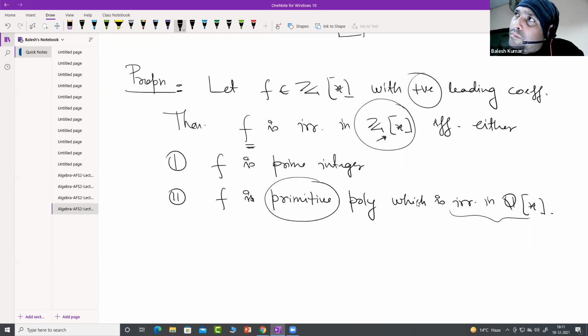Because if there is some non-trivial common factor among the coefficients, for example 2 or 3, then we have written f as a product of two non-trivial elements. So in order to say that there is no non-trivial common factor, that takes care of the word primitive.